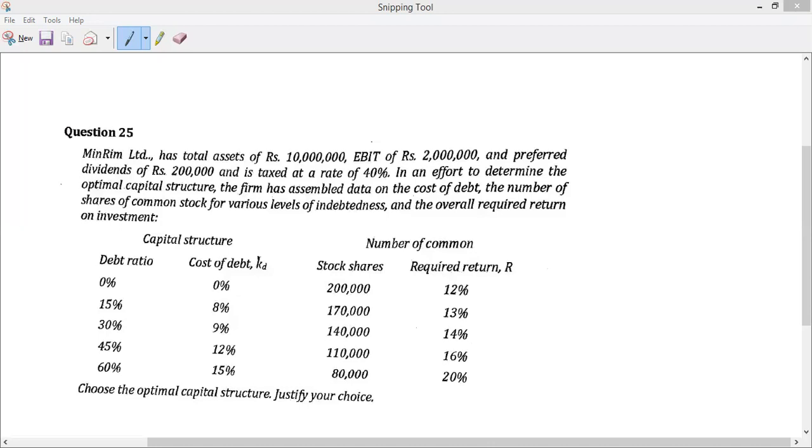So a company's structure can be judged from the market price of shares in the stock exchange also. Along with our value of the company and WACC, like we have been calculating, we can also compare the market price of share in these 4 scenarios. If one scenario has the highest, that is the better one. Makes sense, right?